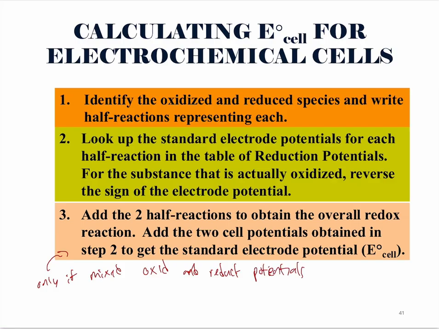If it's not mixed, and you're just looking at reduction potentials, then you just use the subtraction: E cell equals E cathode minus E anode. And again, these values represent the difference from the standard hydrogen electrode. That's our common differentiating factor.